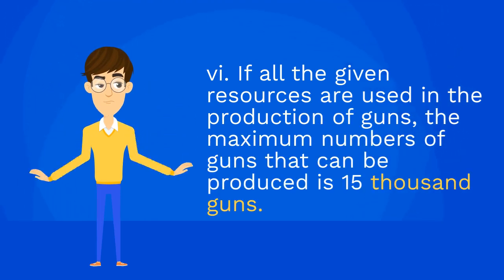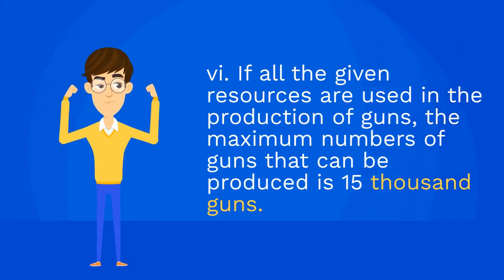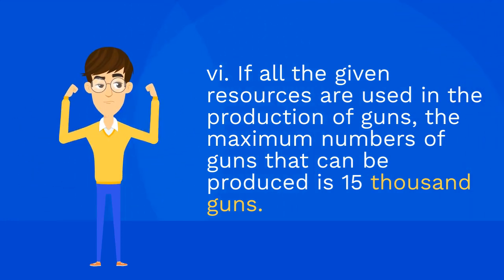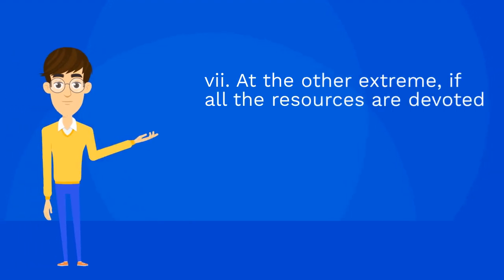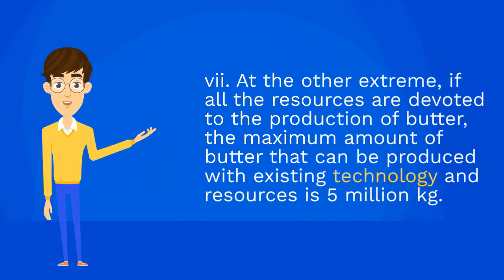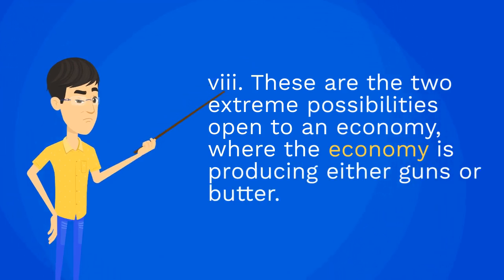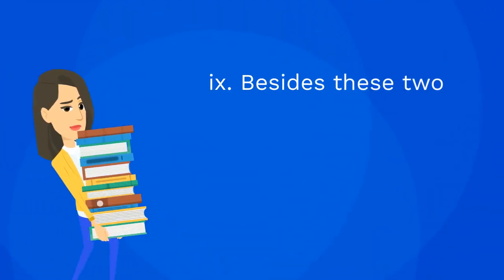If all the given resources are used in the production of guns, the maximum number of guns that can be produced is 15,000 guns. 7. At the other extreme, if all the resources are devoted to the production of butter, the maximum amount of butter that can be produced with existing technology and resources is 5 million kilograms. 8. These are the two extreme possibilities open to an economy, where the economy is producing either guns or butter. 9.